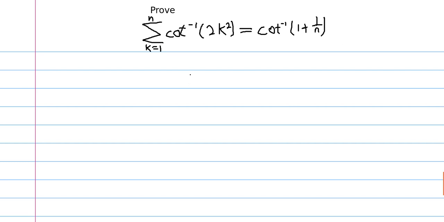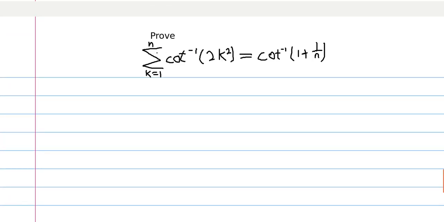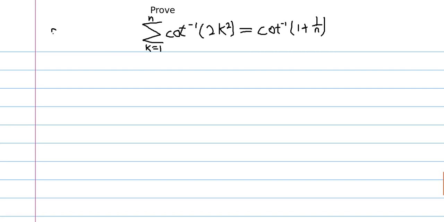Now, if we want something to telescope, we basically want A to equal B minus C. So we want a formula that lets us take some inverse cotangent and express it as the difference of two other inverse cotangents.